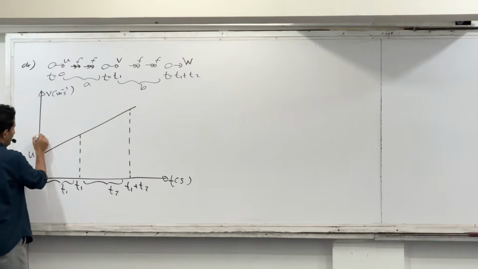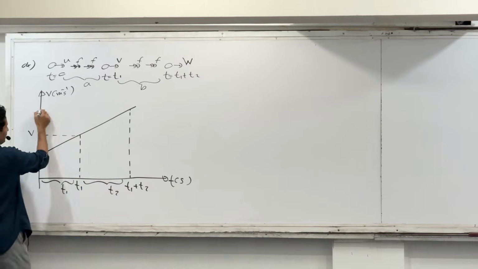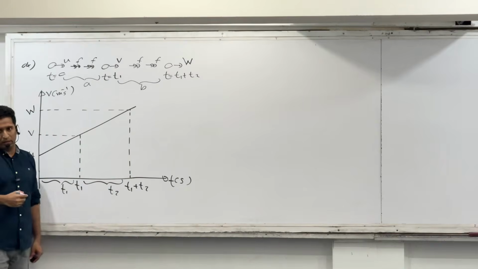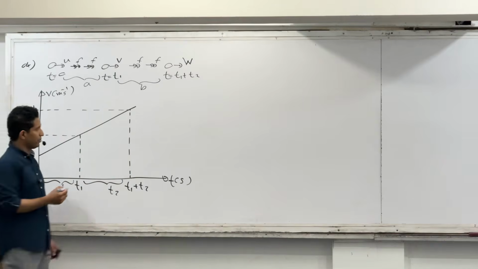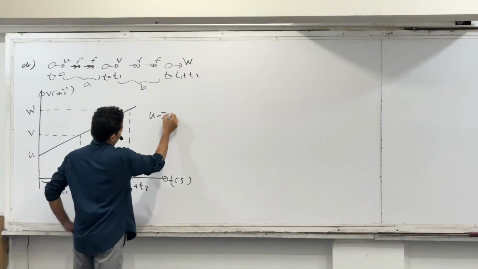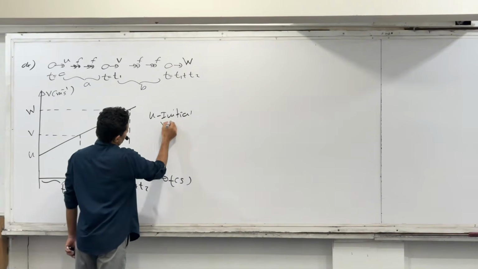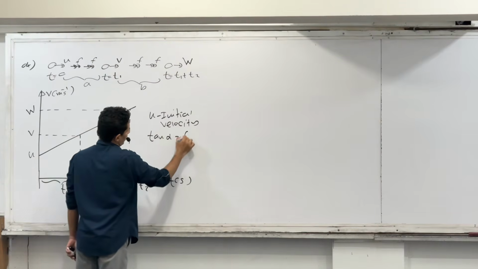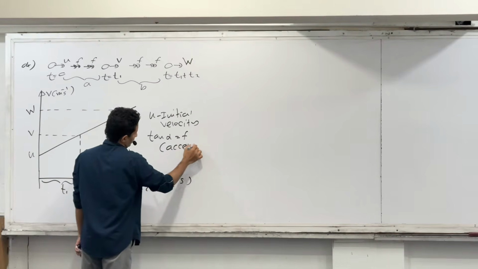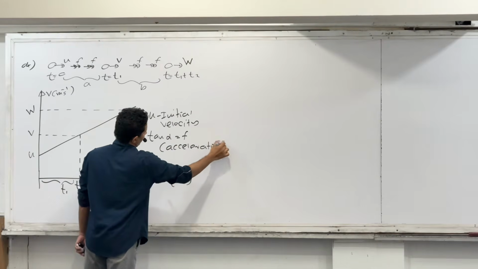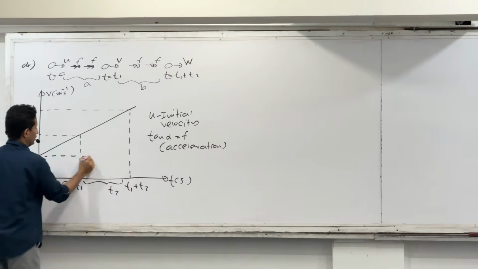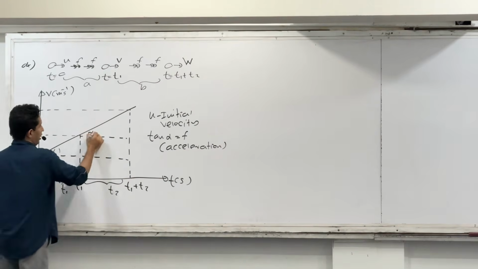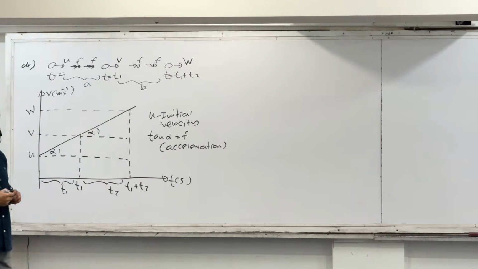The initial velocity I have taken as u, this is v, and finally the velocity w. Now you should write that, let the initial velocity be u. Here tan alpha equals the acceleration f. Now I will draw what alpha is here. Since it goes with uniform acceleration, it's a straight line. Alpha, alpha, like this.